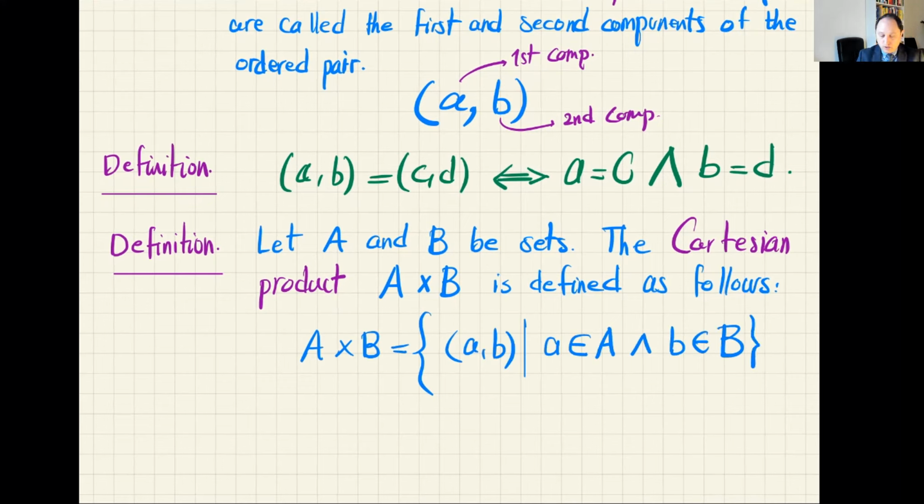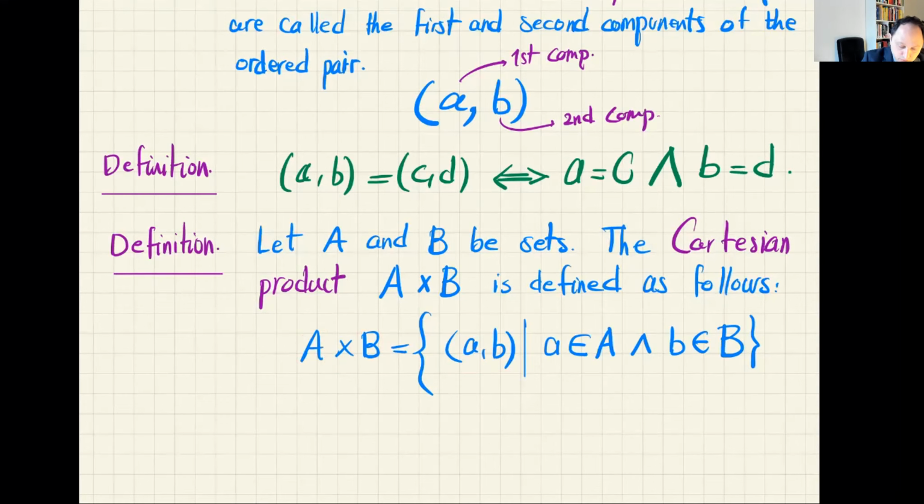That is called the Cartesian product of two sets. It is very important to realize that the elements inside this Cartesian product are not of the same type as the elements of each one of them individually. It suddenly becomes an ordered pair.